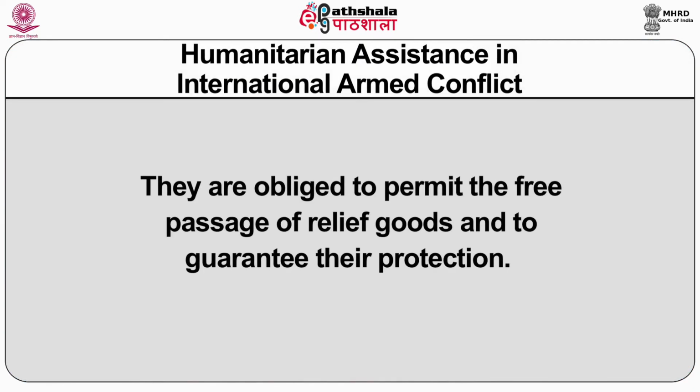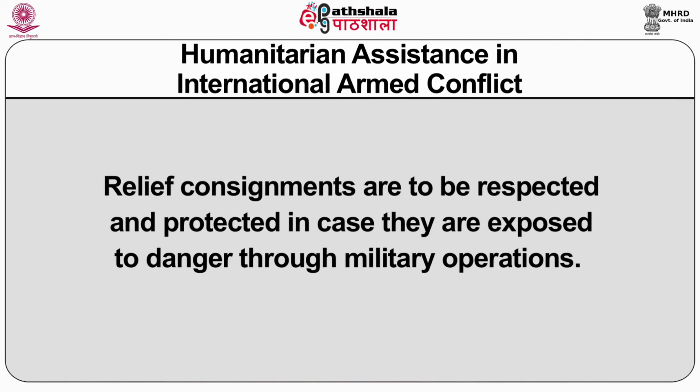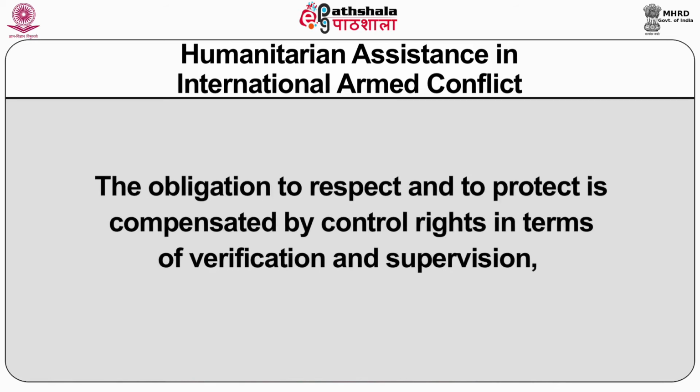They are obliged to permit the free passage of relief goods and to guarantee protection. Relief consignments are to be respected and protected in case they are exposed to danger through military operations. The obligation to respect and to protect is compensated by control rights in terms of verification and supervision.